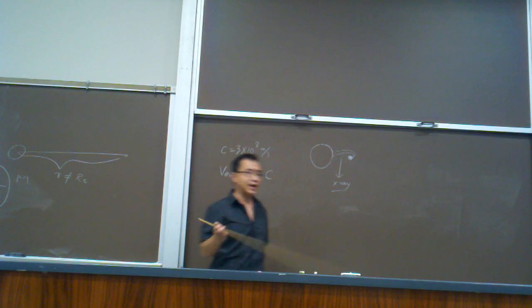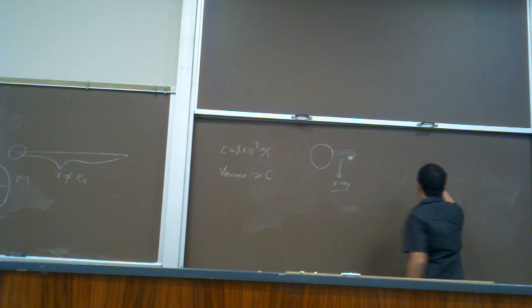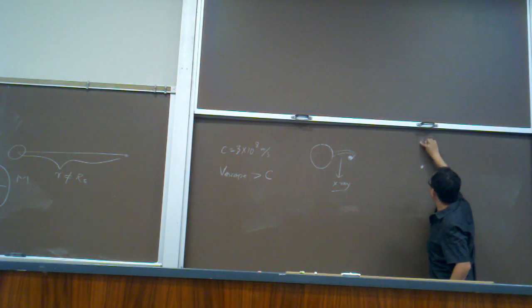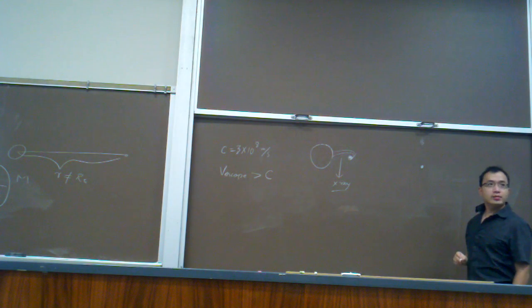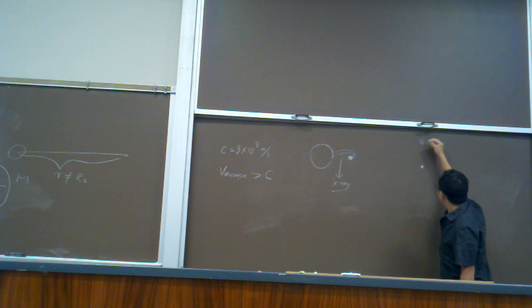Another way is even more fun, interesting. If the black hole is in front of the star, then due to the huge gravitational force of the black hole, this will happen.